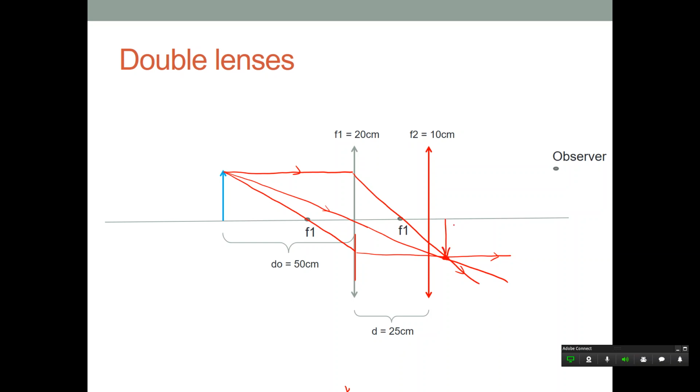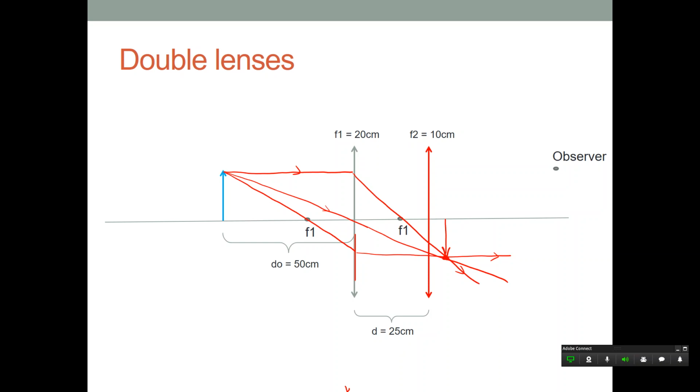It's inverted. It's real or virtual? I need more people to say whether it's real or virtual. It's real. It's a real image because it's supposed to be on the other side of the lens, right? If it were on the same side of the lens, it wouldn't be. And inverted, smaller or bigger? Slightly smaller. Okay, perfect.